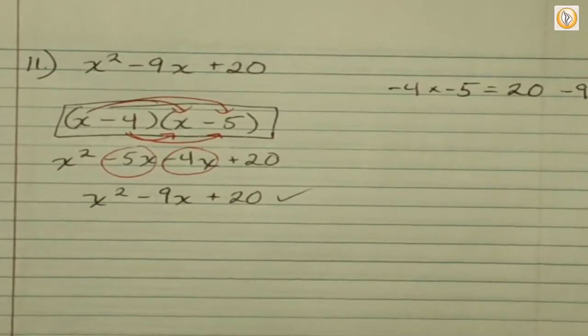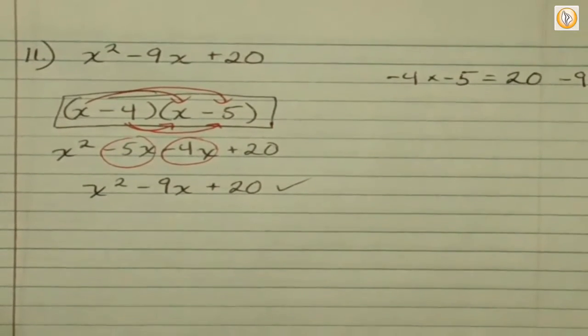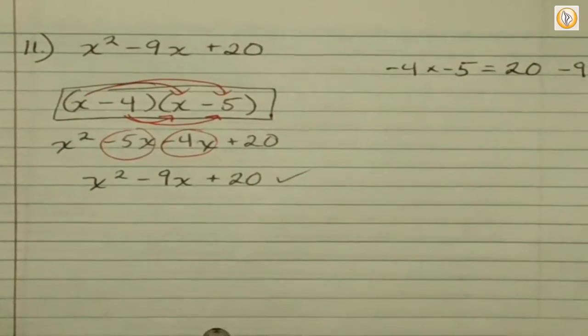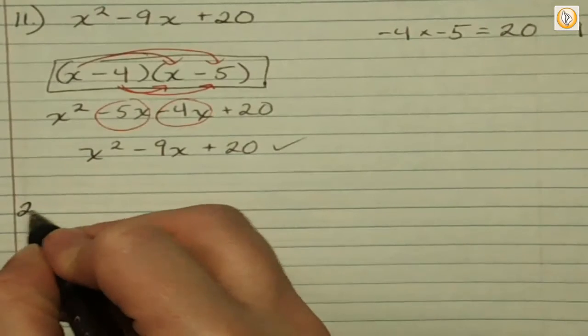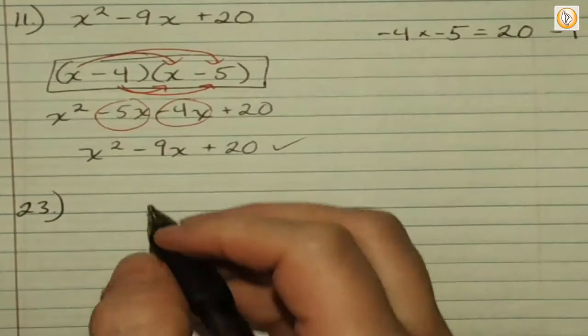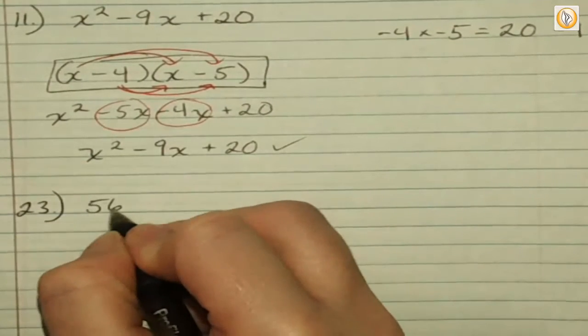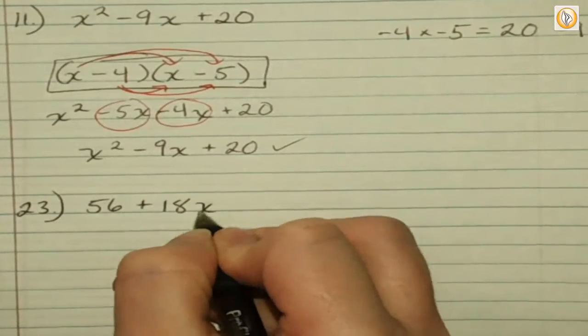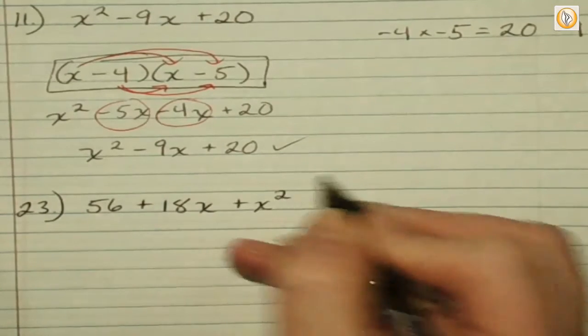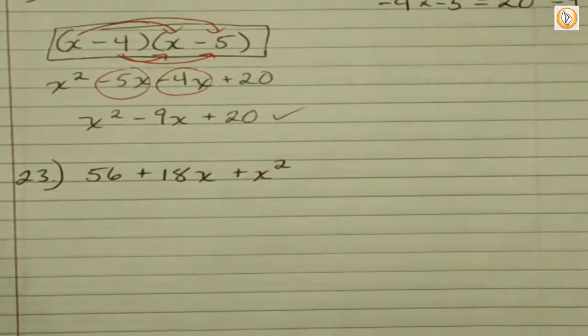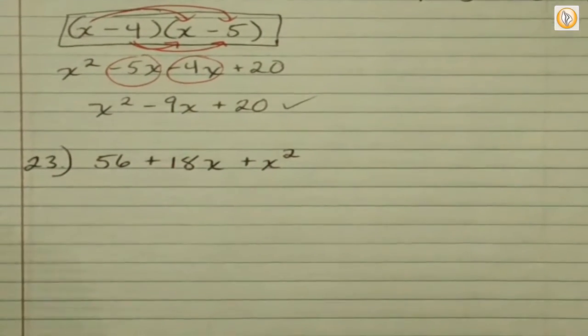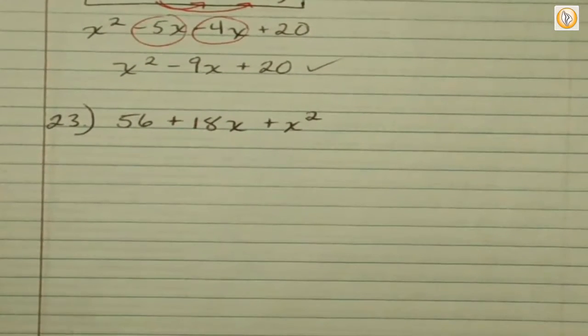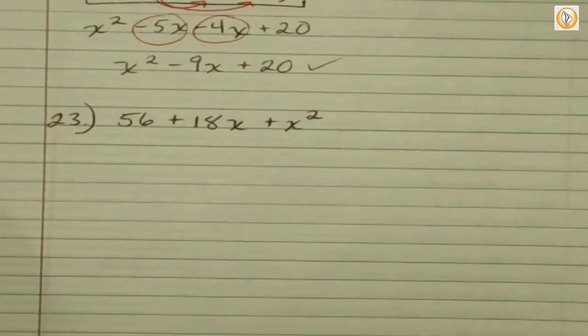I'm going to do 2 more. Oh yeah, and this is a good one. Y'all have this down? All right, 23. 23 is 56 plus 18x plus x squared. Keith, can I have it look like that? No, Keith, what do I do? Where do I move it to?